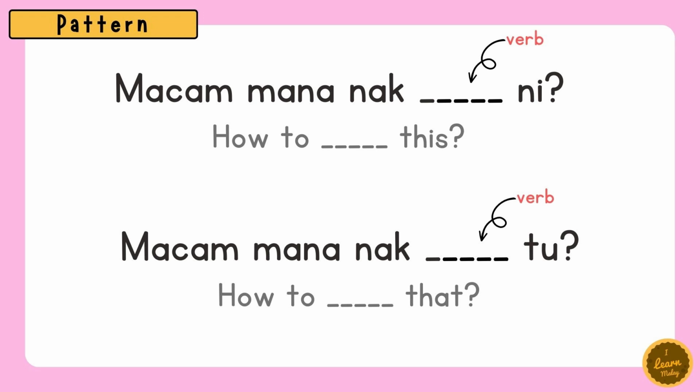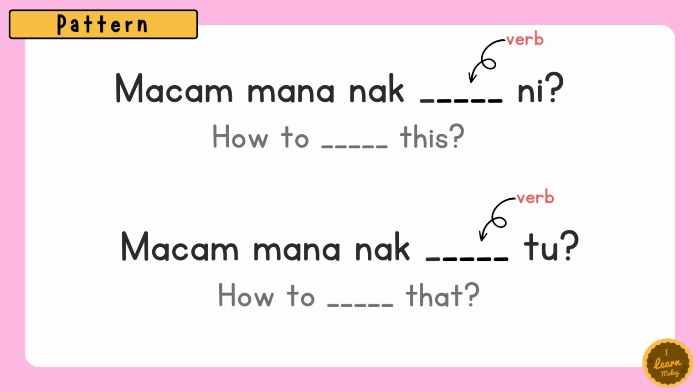Macam mana nak, followed by a verb, and ni, or macam mana nak followed by a verb and tu, which means how to this or how to that.